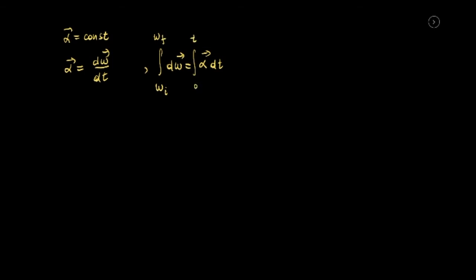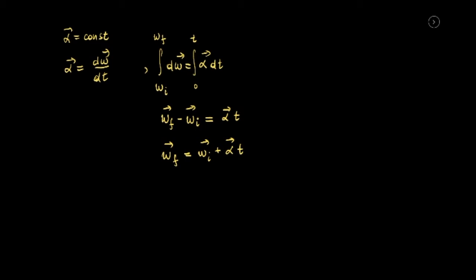Let's fix t0 as 0. The left hand side gives us omega final minus omega initial, which is equal to alpha multiplied by t. So the final angular velocity is equal to initial angular velocity plus alpha t.